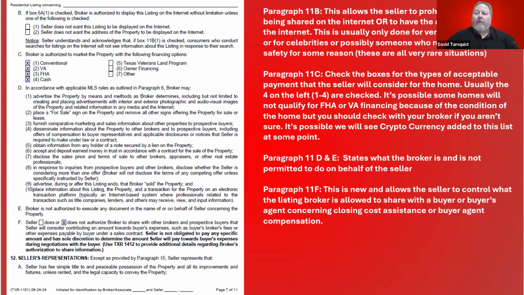Or if they're not offering a commission, they could say, look, I don't want to tell them up front what I'm willing to offer. I want to wait and see what their offer is to see whether or not I want to pay them. But remember in paragraph 5, we talked about whether or not they were going to offer a commission. Let's say that they don't offer a commission. We chose 5B.